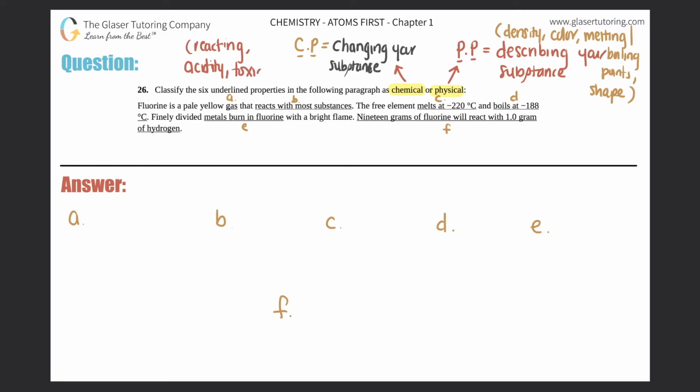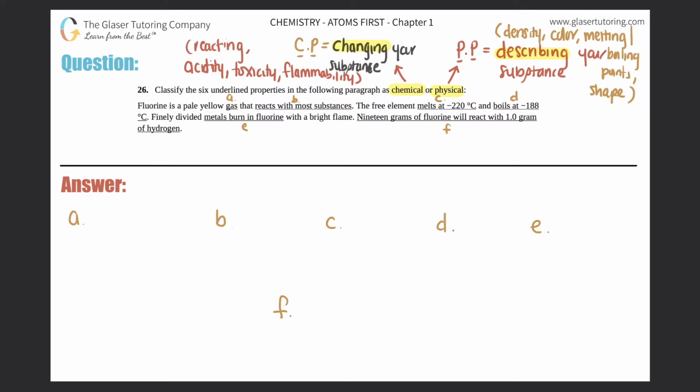Toxicity, flammability, if something burns in air, flammability, you get the gist. But that's the difference. Physical properties are just describing. Chemical properties involve undergoing stuff that will change your substance.